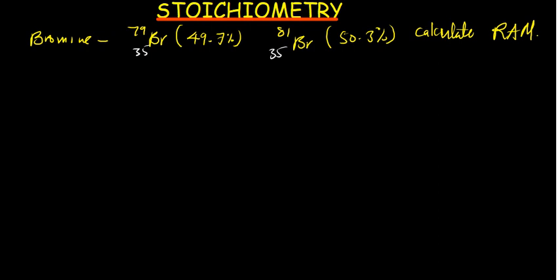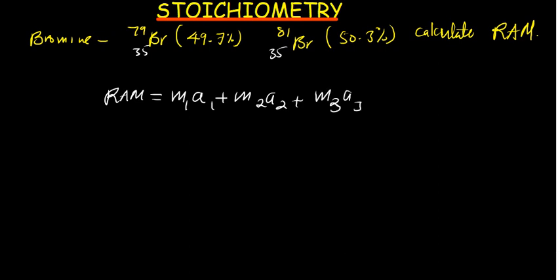There are different elements, and this same formula we are using was used to find the mass that you can see on the periodic table. So relative atomic mass is given by the first mass times its percentage abundance, plus the second mass times the second percentage abundance. If there is another one, you continue like that.